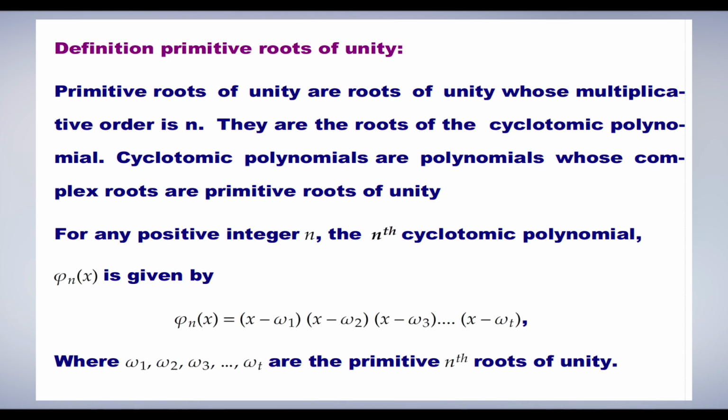For any positive integer n, the nth cyclotomic polynomial Φn(x) is given by Φn(x) = (x − ω1)(x − ω2)(x − ω3) and so on (x − ωt), where ω1, ω2, ω3 and so on up to ωt are the primitive nth roots of unity.